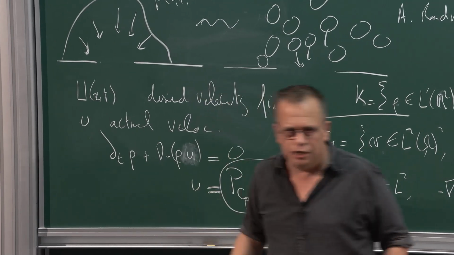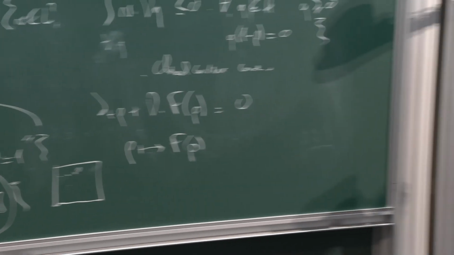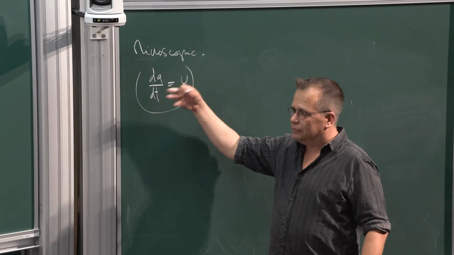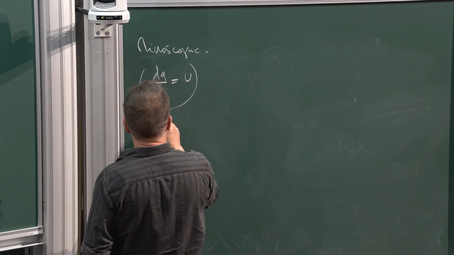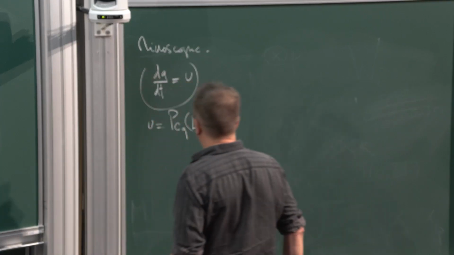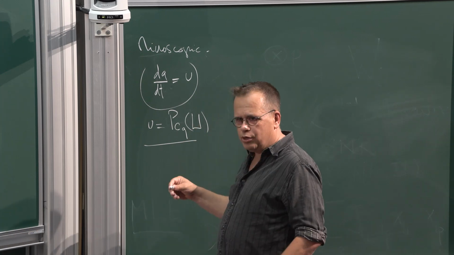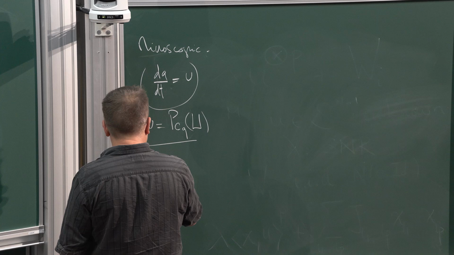Here is some kind of tautology, but since the model is Lagrangian, we just say that the derivative of the position is the velocity. And we had u equals the projection onto C_q of capital U. And what is important, if you remember, is that there was some kind of algorithm that was like that.